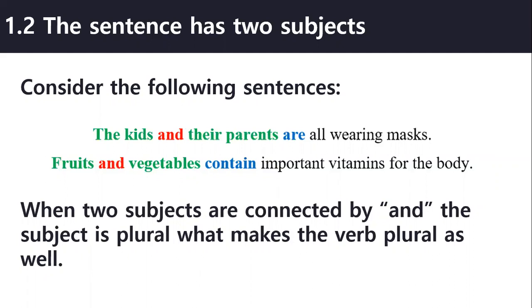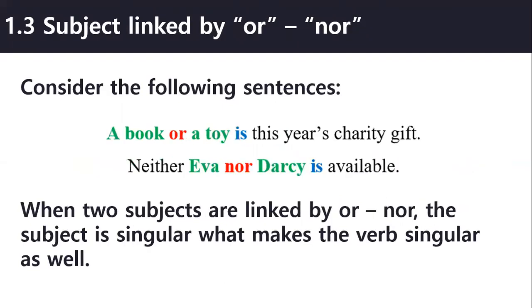When two subjects are connected by and, in red, the subject is plural, which makes the verb plural as well. So we have the kids and their parents being the subject, making it plural, so the verb must be in plural.